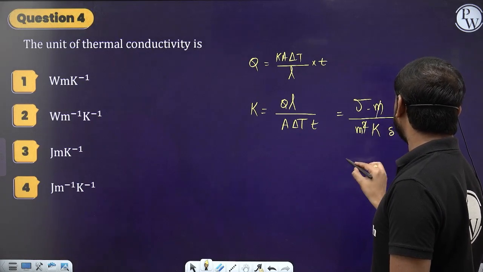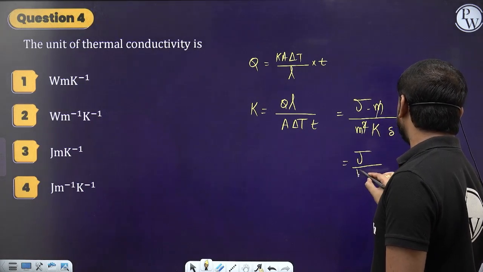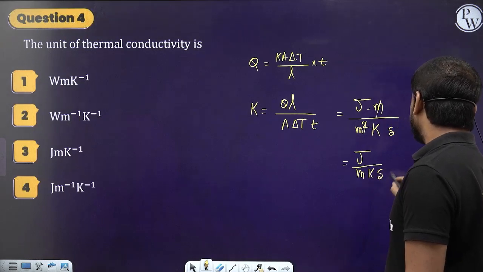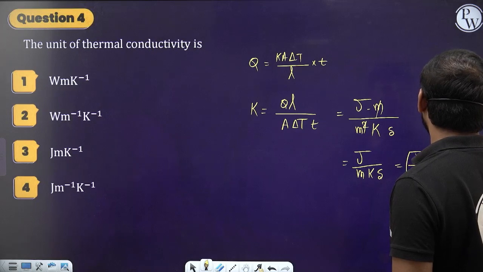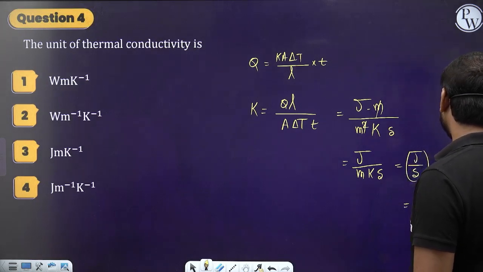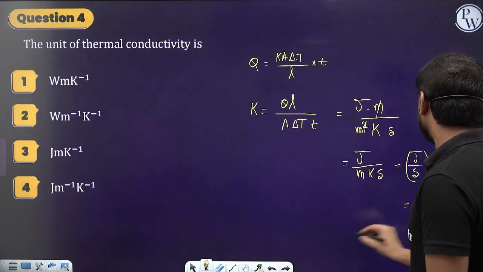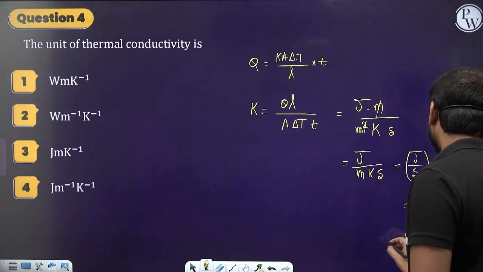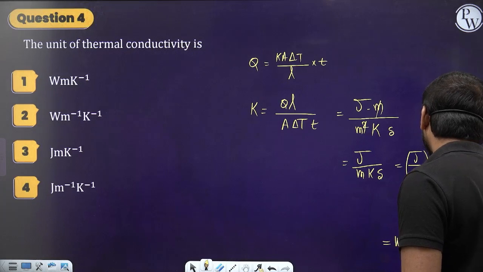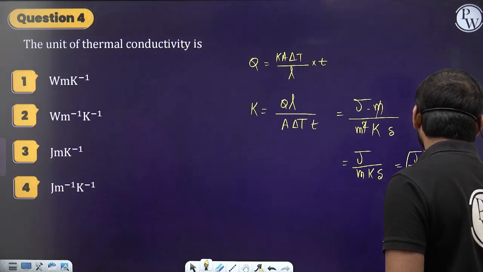So meter gets cancelled: joule per meter Kelvin second. Or we can write joule per second into 1 by meter Kelvin, and joule per second is a watt. So we can also write it as watt meter inverse Kelvin inverse, right?